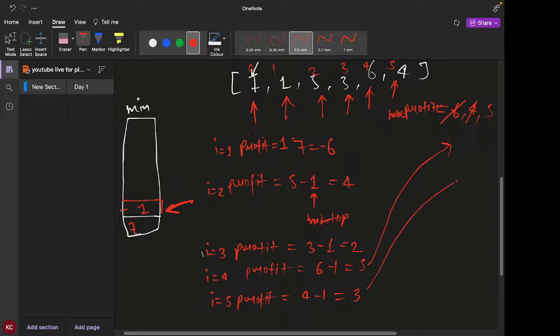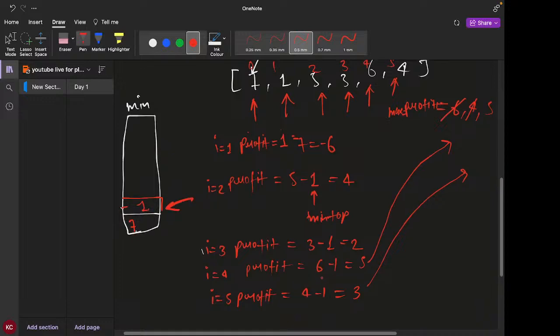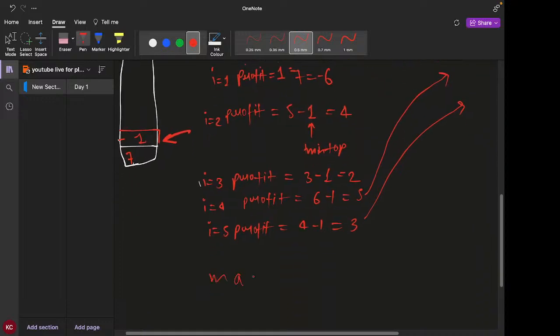Should I update it? No, because 3 is already less than 5. So my max profit that I can earn is 5.